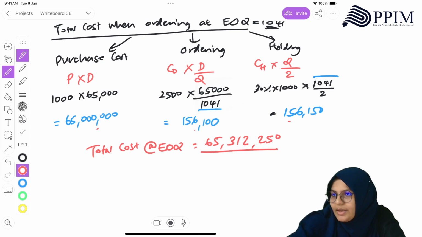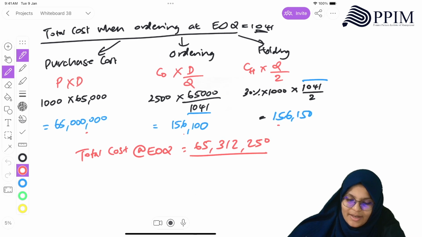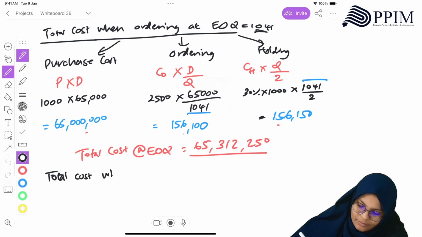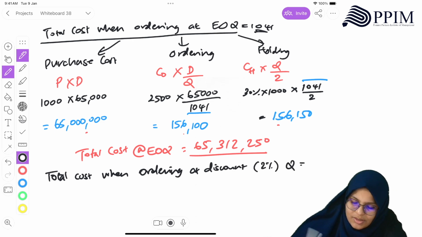Now the same thing you have to repeat for the discounted quantity. Okay, so take this down and try the discounted quantity as well. So total cost when ordering at discount. The discount was 2% and the quantity was, I think, 2000.